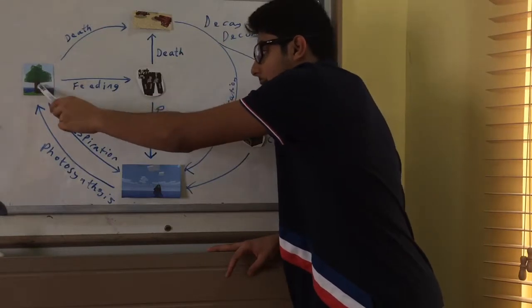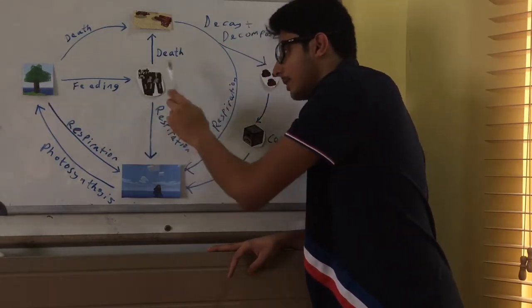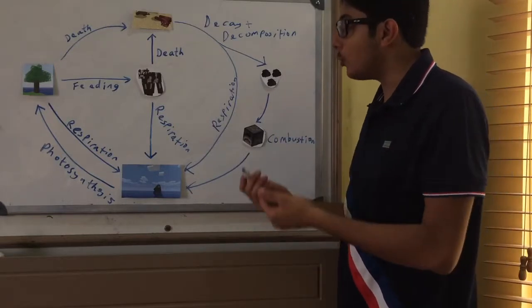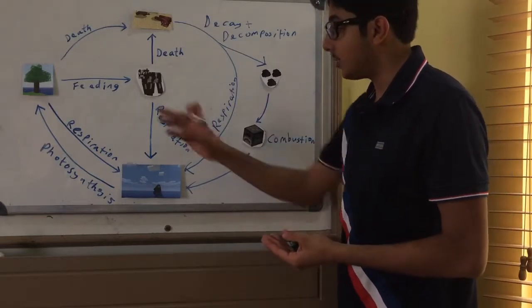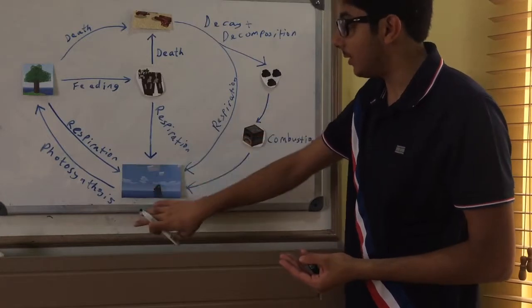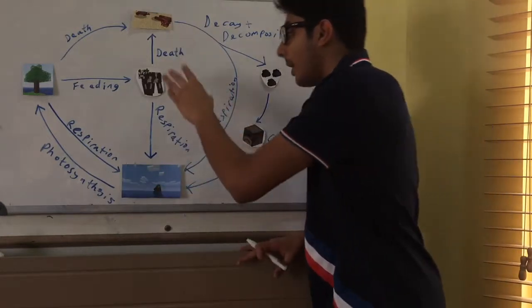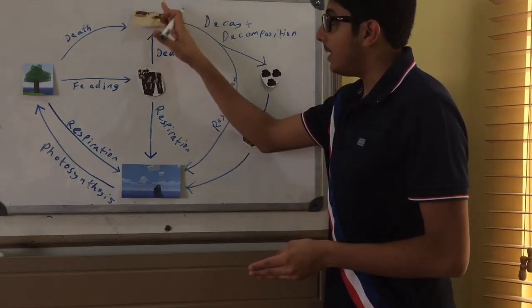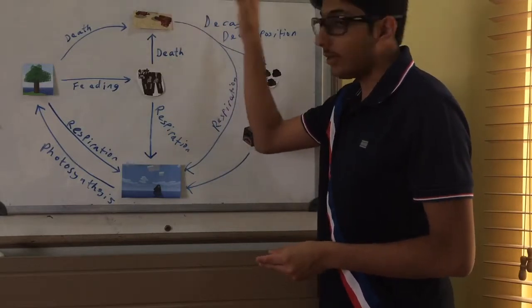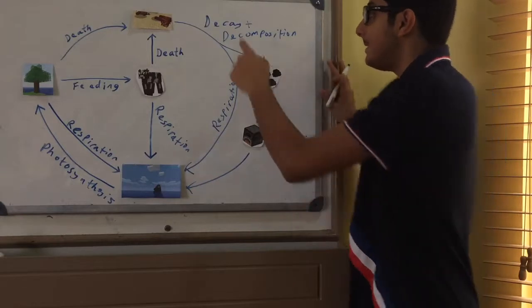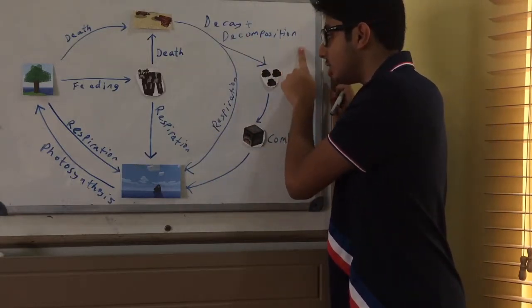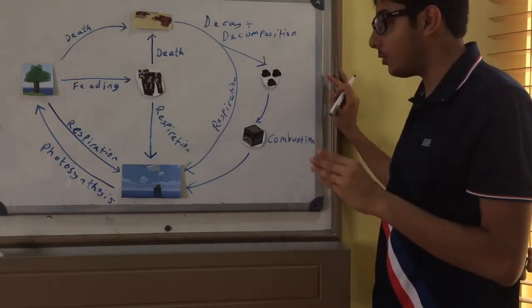And then the tree also respires, as well as the cow. And respiration, we know it releases CO2 as a byproduct. So that goes back into the atmosphere. When any organism dies, the carbon compounds are still there. And what happens? Decay and decomposition. And decay and decomposition also releases CO2 into the atmosphere.